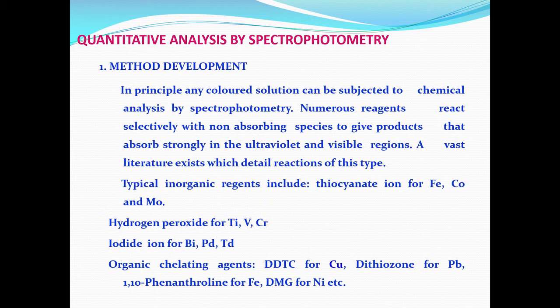Hydrogen peroxide is another reagent, with very simple chemical reactions which you can do in your laboratory, for titanium, vanadium and chromium. Iodide ion can be used for forming iodides for bismuth, palladium and tellurium. There are also organic chelating reagents, for example, diethyl dithiocarbamate for copper, dithizone for lead, 1,10-phenanthroline for iron, dimethylglyoxime for nickel, etc.